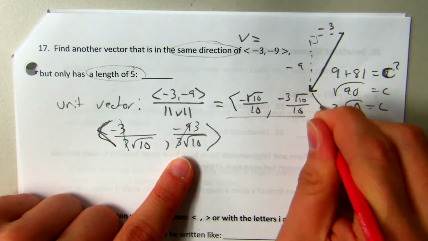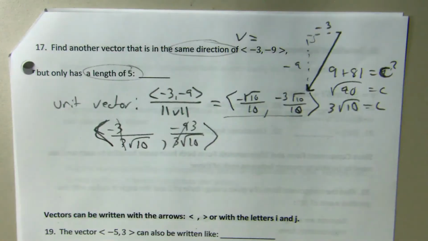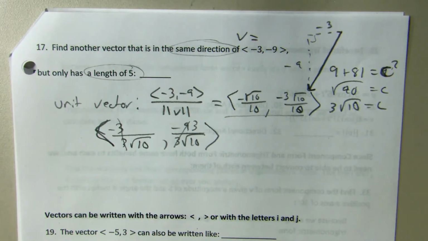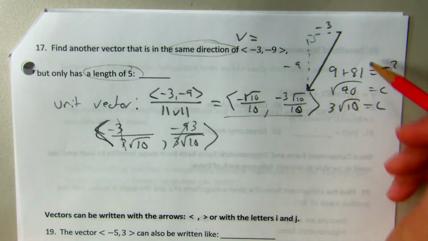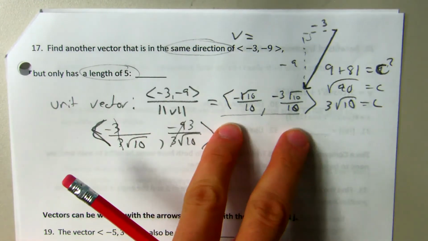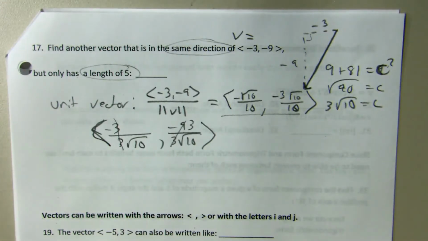So multiply the top and the bottom by the square root of 10. And then here's what you get. So it's a little messier. It looks a little more difficult than it is. Dividing a vector by a number just means you divide both parts by it. And you just happen to have a radical, so you need to rationalize.